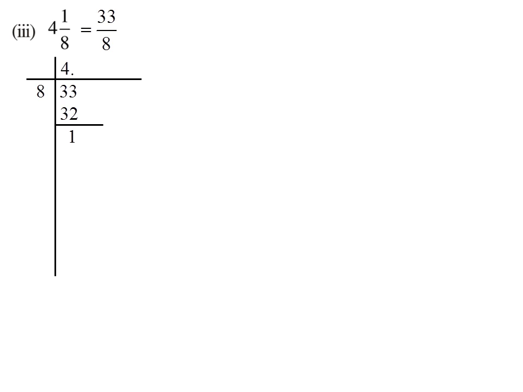Now we have to put the decimal point because we don't have any more digits from 33. So we put the point, and we can carry forward a 0 to get 10. Now 10, we multiply 8 by a number to get nearest to 10. I will multiply by 1, so 8 ones are 8.